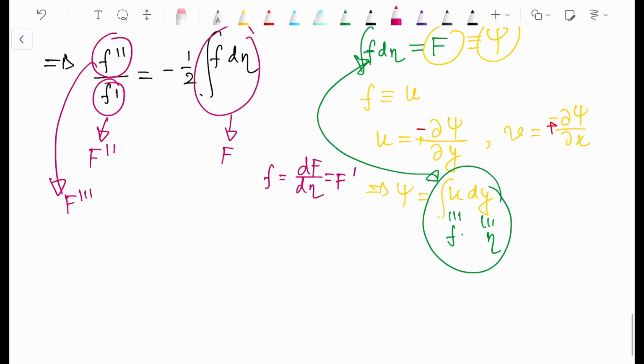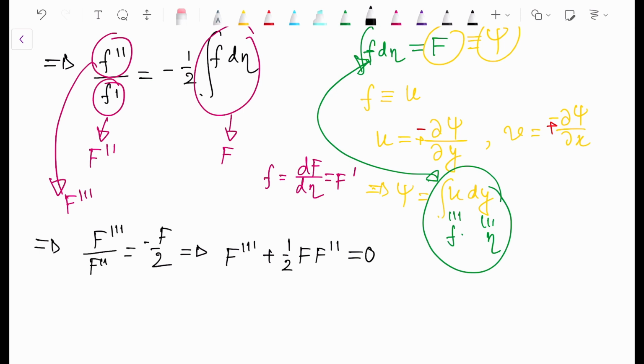Okay. So then this equation boils down to f triple dash by f double dash is equal to minus f by 2, and I can rearrange this as f triple dash plus half into f f double dash equal to 0.